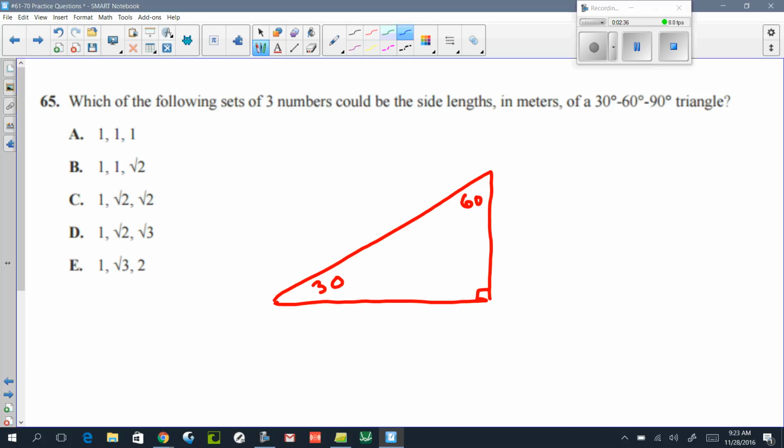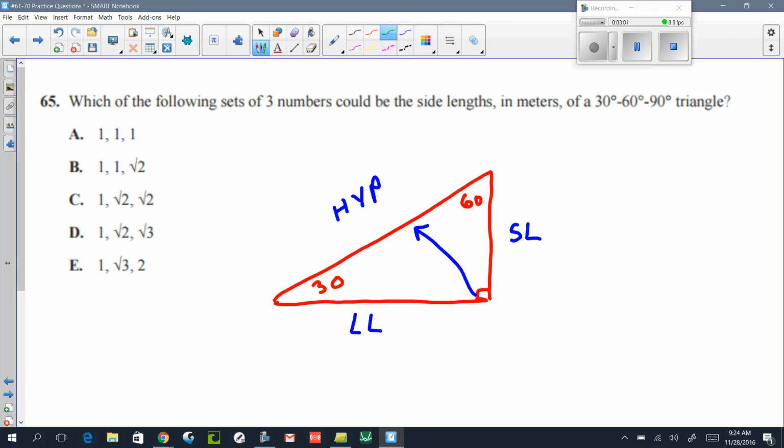Now, the rule in 30, 60, 90 right triangles says that we have 3 sides, the short leg, the longer leg, and the hypotenuse. Remember, the hypotenuse is always opposite the 90-degree angle. So hypotenuse is easy to identify. The shorter leg is opposite the 30-degree angle, and the longer leg is opposite the 60-degree angle. So we have hypotenuse, longer leg, shorter leg.